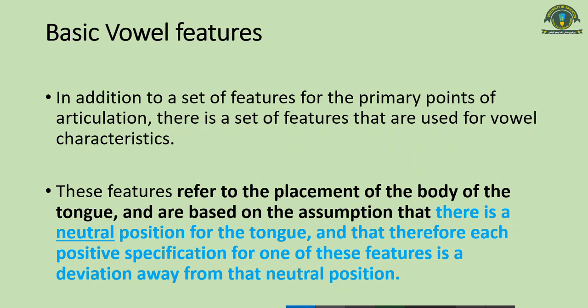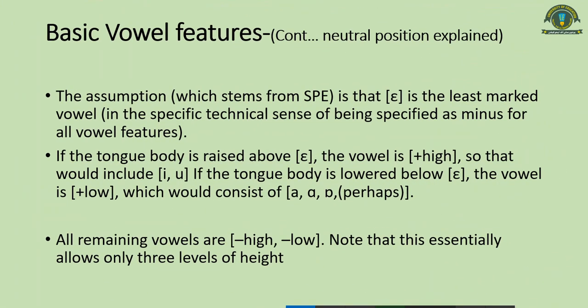So these features assume that tongue is generally at a neutral position. To produce certain vowel sounds, it either rises from that neutral position or it gets lowered. So it is said that there is this vowel sound, generally used in bird, that whenever we are producing this sound, it is an assumption that our tongue is at the neutral position.